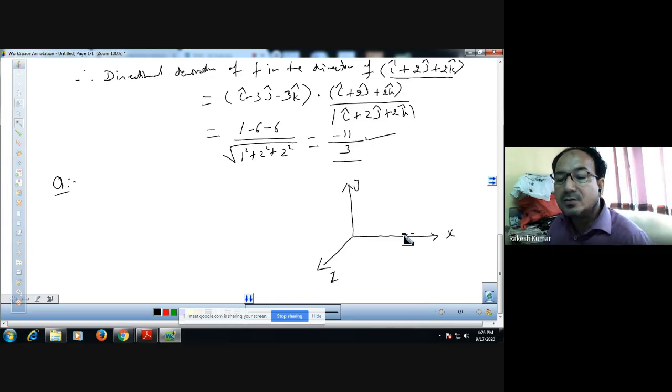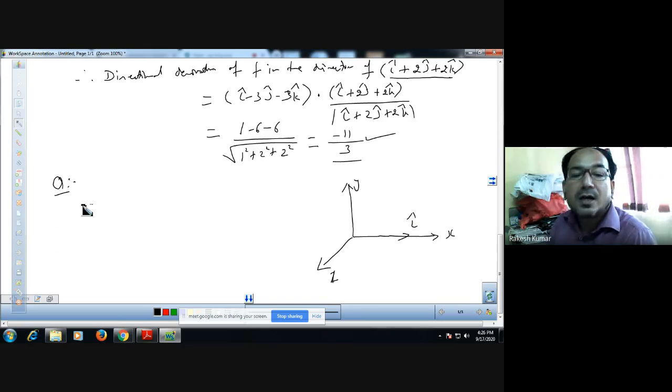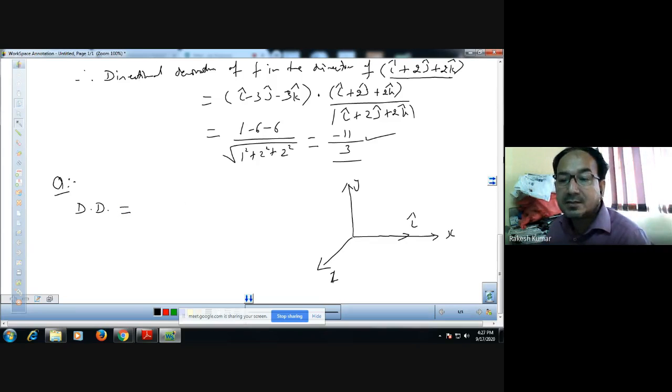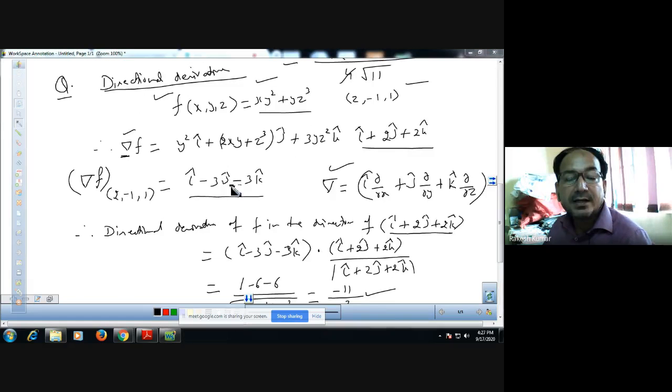And you know that in the direction of x-axis, we always have the unit vector i cap. So in the direction of x-axis, the directional derivative, dd stands for directional derivative. I am repeating again. I am taking the same surface. It means gradient is same. The same gradient will be used here. This is the gradient vector, i cap minus 3 j cap minus 3 k cap.